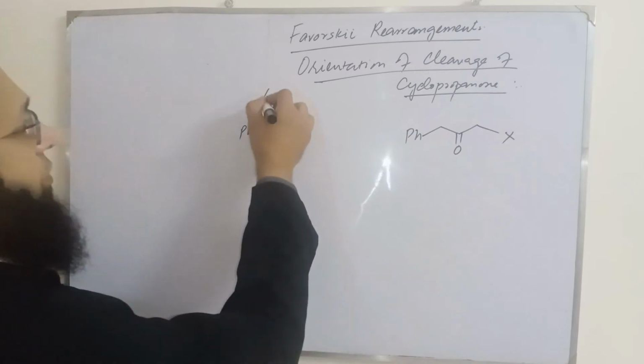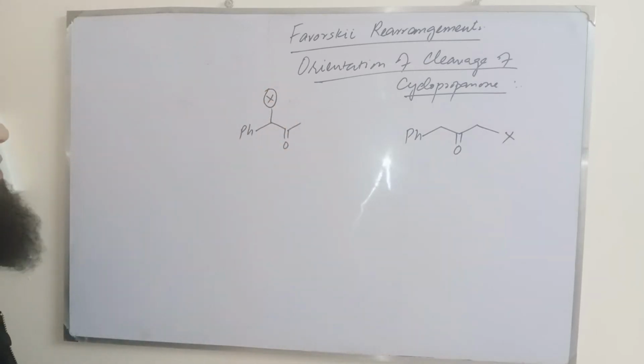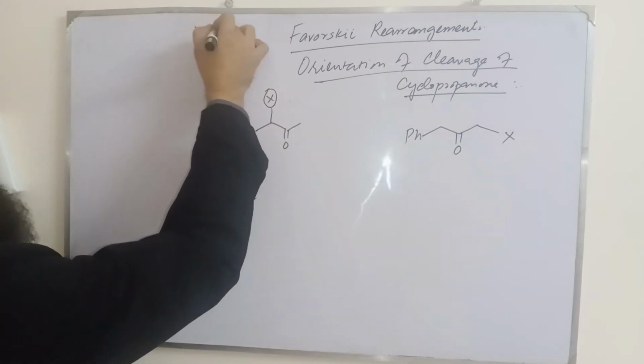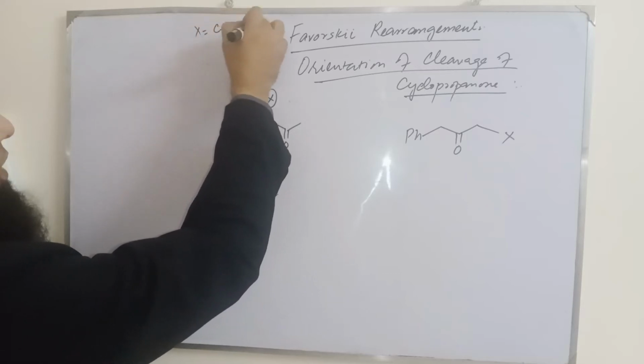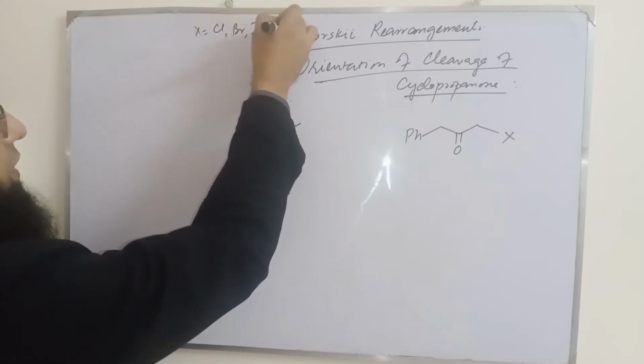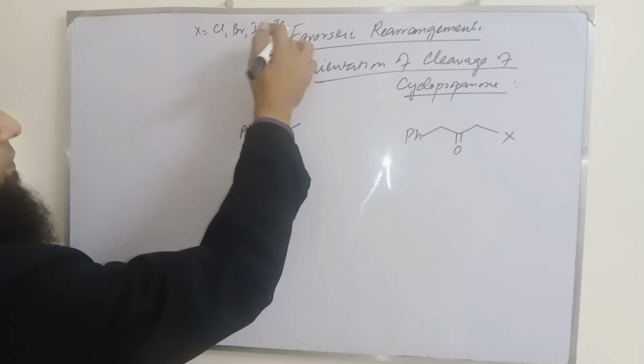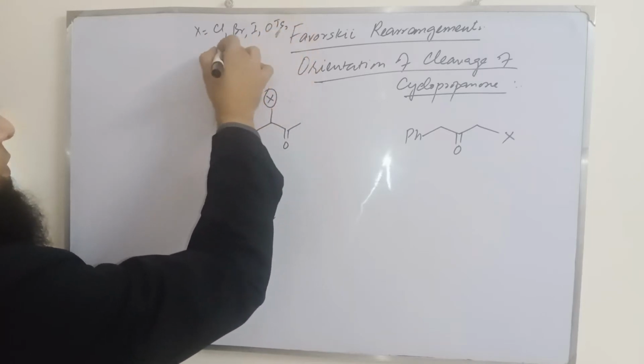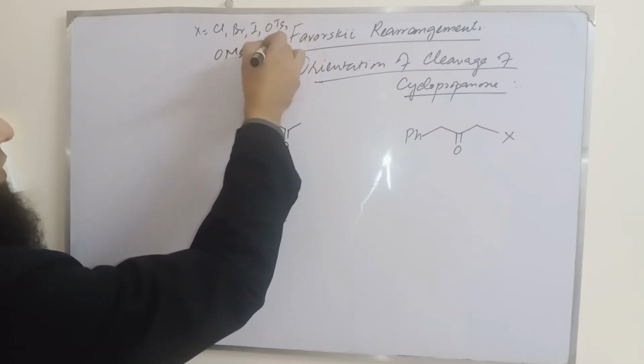And again, X is a good leaving group, and we have discussed that X can be chloride, bromide, iodide, tosylate, mesylate, or triflate.